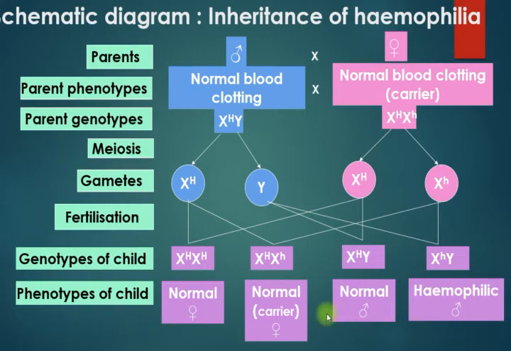So the phenotype ratio of the children is 1 normal girl, 1 carrier girl, 1 normal boy, and 1 hemophilic boy. That is the phenotype ratio of the child.